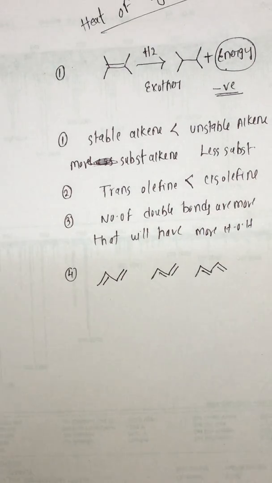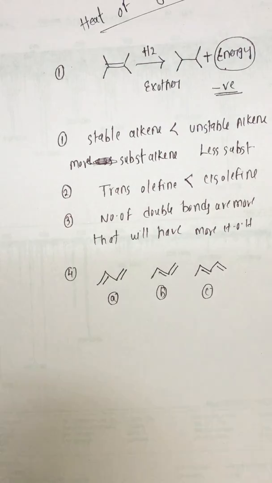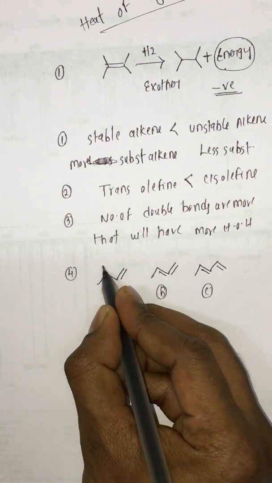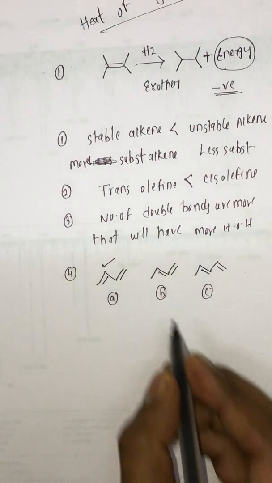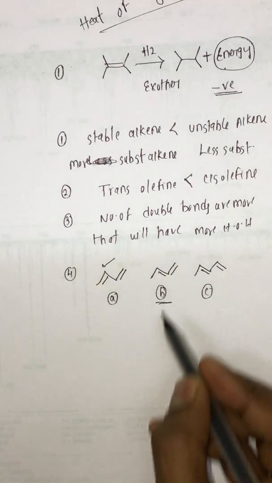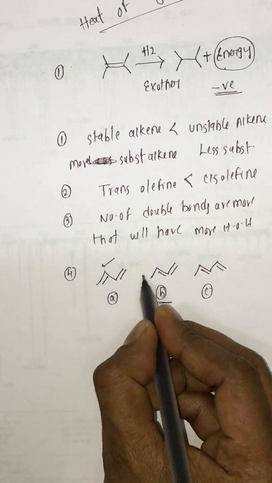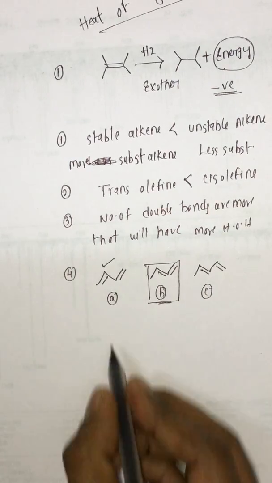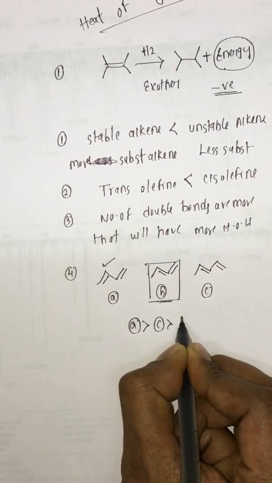Among these 3, which is more stable? No doubt that conjugated is more stable. And least stable will be cumulated. Cumulated means adjacent double bonds will be there, because of that there will be some repulsions, so this will be least stable. Stability order is A is more stable, then C, then B.